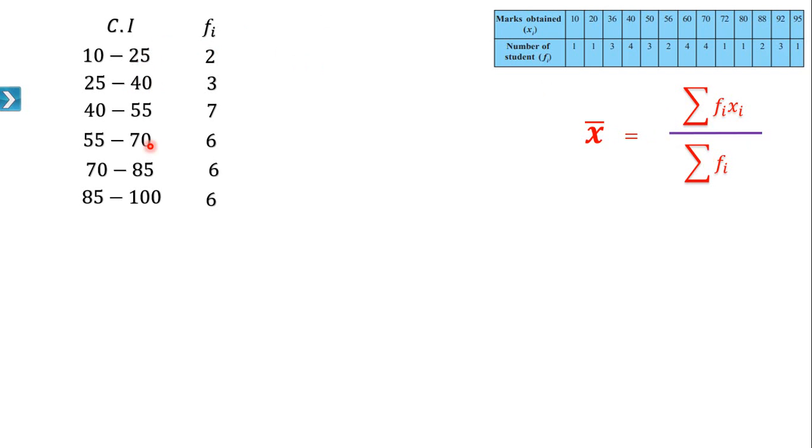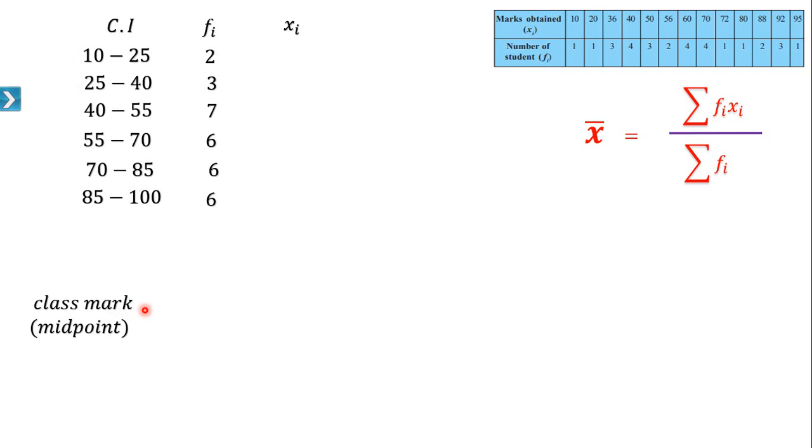We need xi. Here for a grouped frequency distribution, xi is the value which is the midpoint of the class interval. Xi is the class mark.